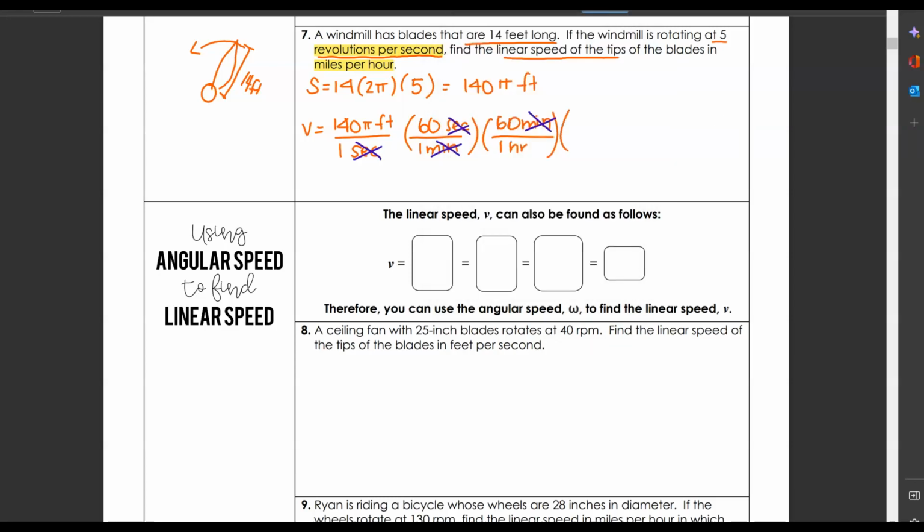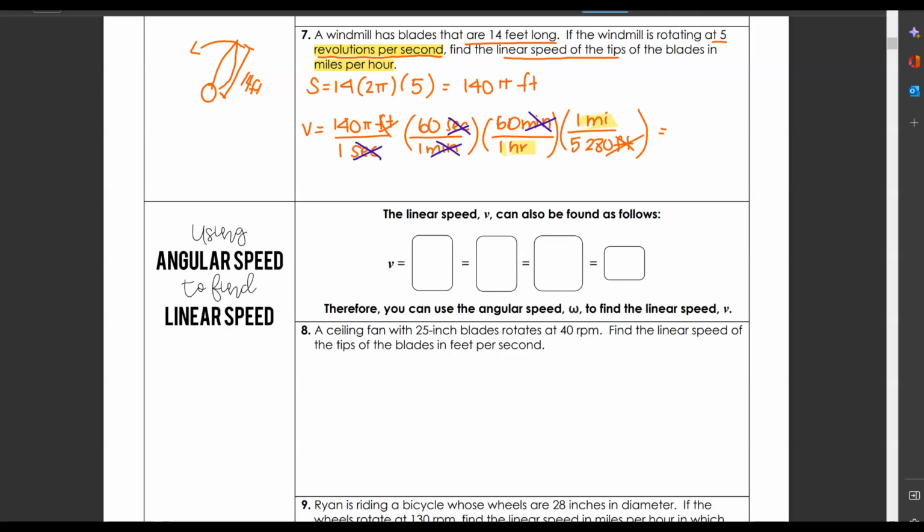And so now we want to get rid of feet. Feet, I know that I want to convert into miles. So 1 mile is equivalent to 5,280 feet. Then notice that my feet would go, and all my units are matching up. So at the end, I'm going to end up with miles on the top, hours on the bottom, which is what I wanted.